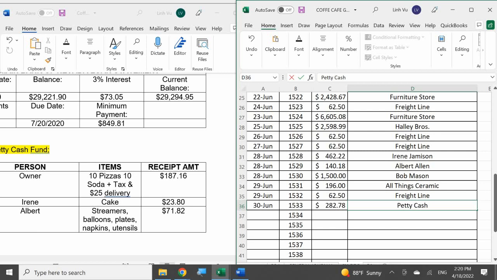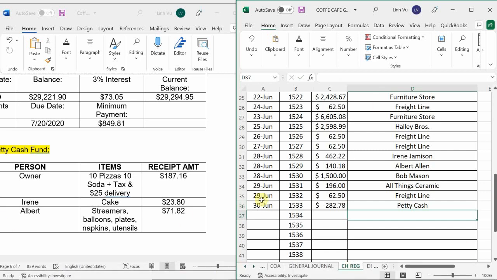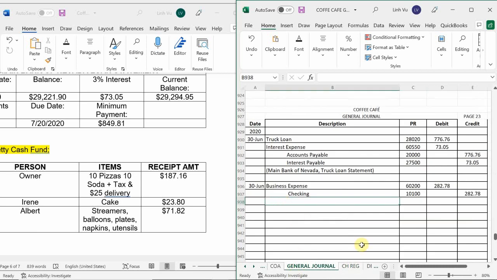Your choice. Okay. Right? To replenish petty cash fund using check number 1533.